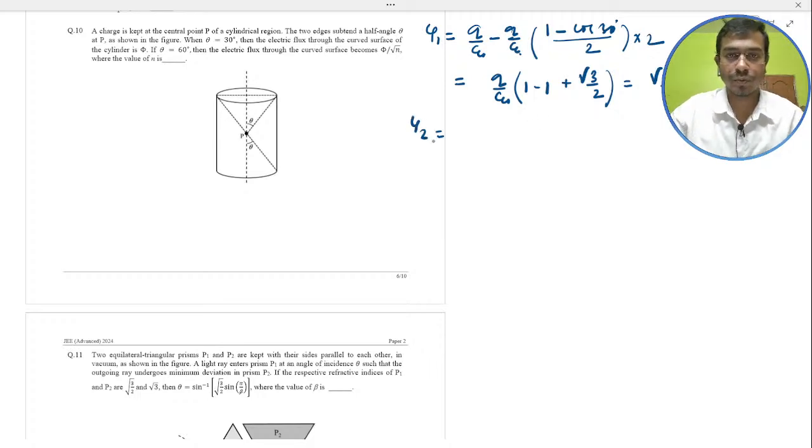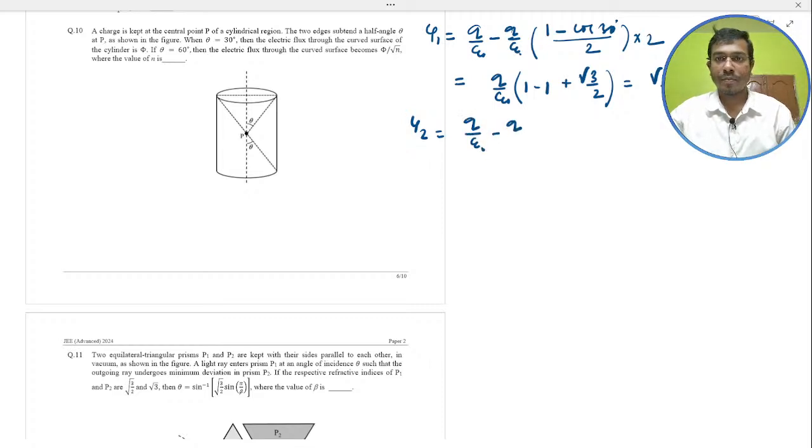And phi 2 equals q by epsilon naught minus q by epsilon naught into 1 minus cos 60 degrees by 2, into 2. This is equal to half q by epsilon.